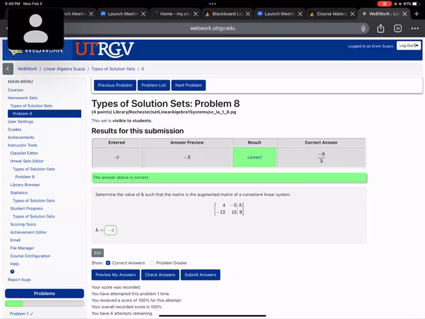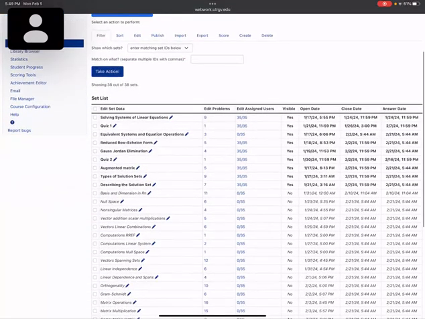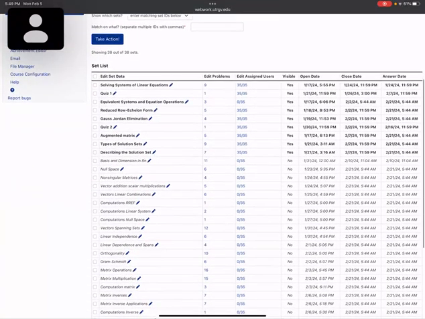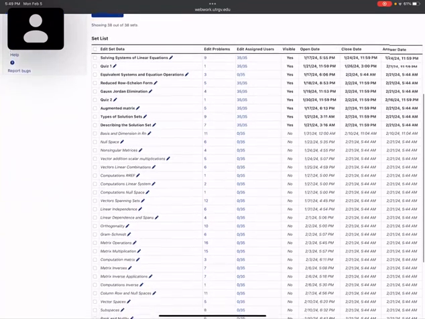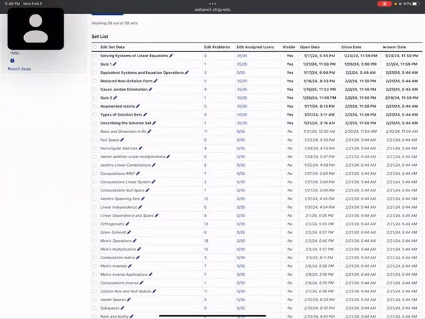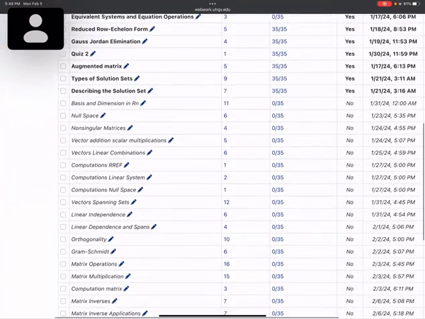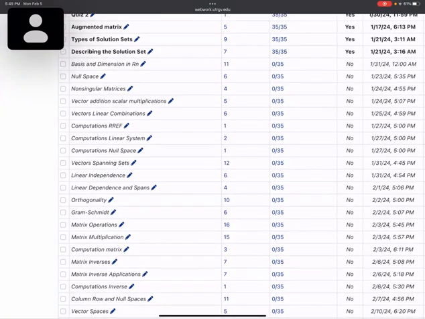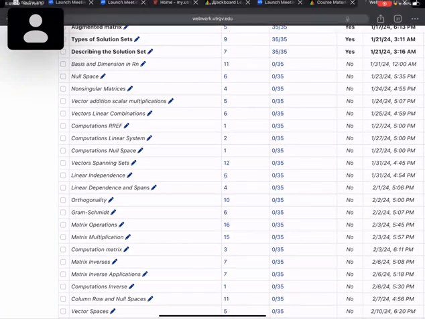So our sets. So let's say linear independence. Let's see these problems.